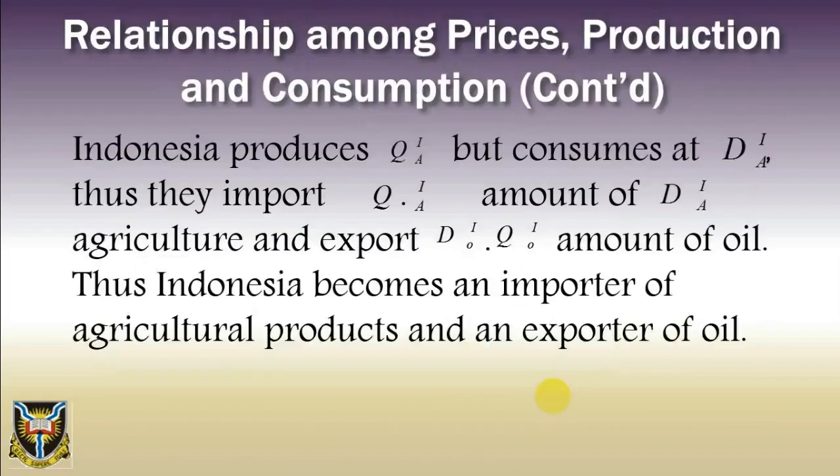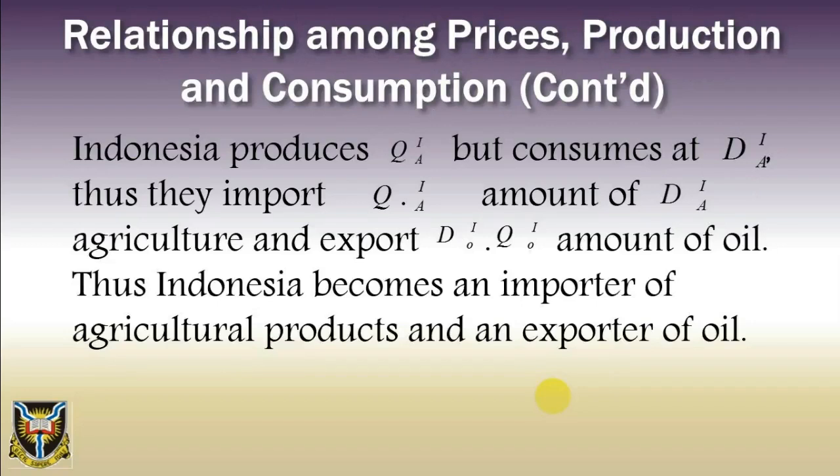Indonesia produces QIA but consumes at DIA. Thus, they import DIA minus QIA amount of agriculture, and export QIO minus DIO amount of oil.